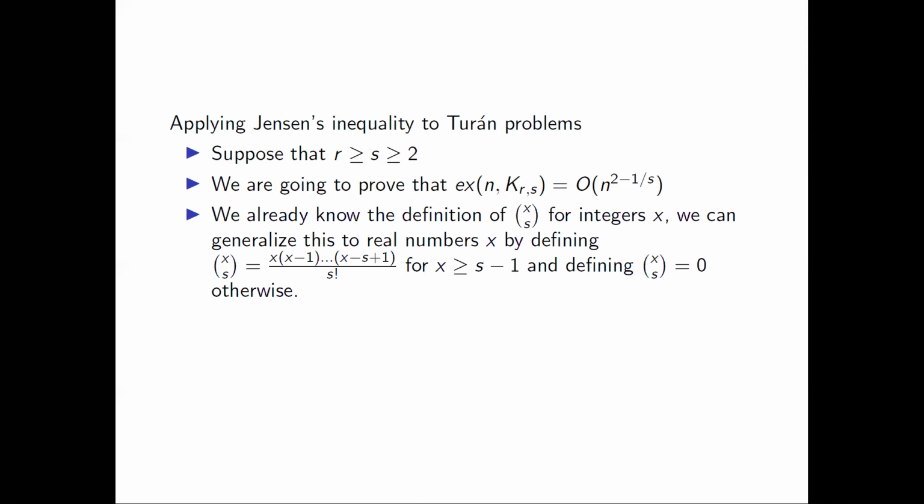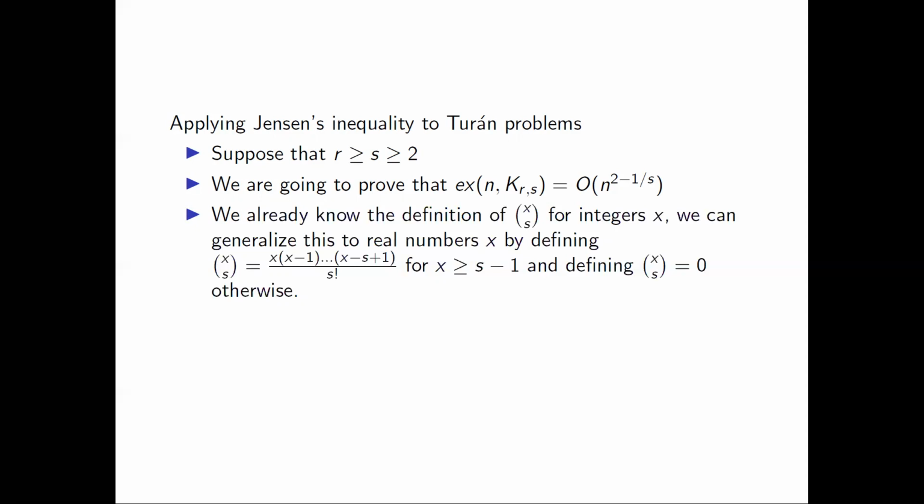So we already know binomial coefficients, what their definitions are. It's going to be useful for this problem to generalize the definition of a binomial coefficient from integers to real numbers.